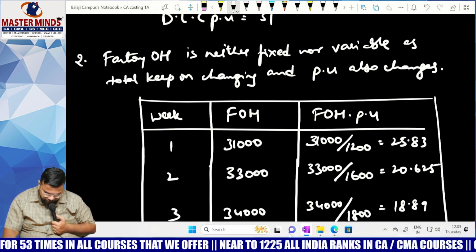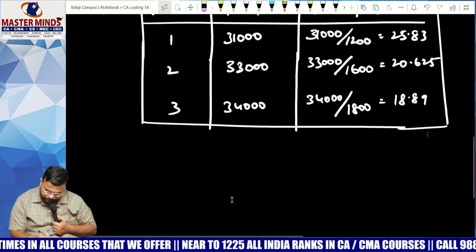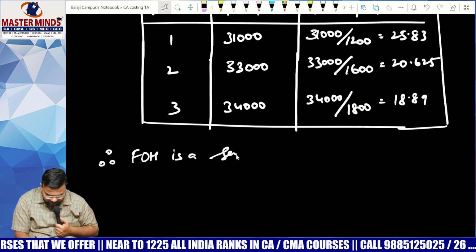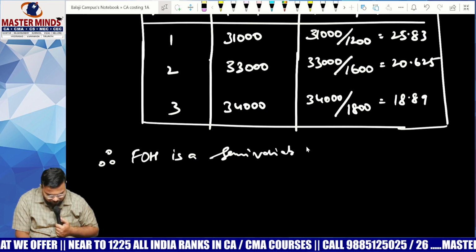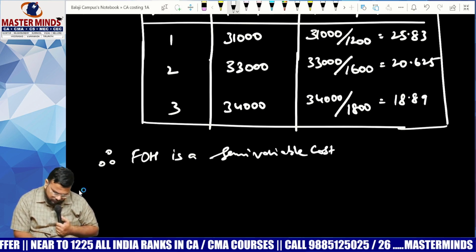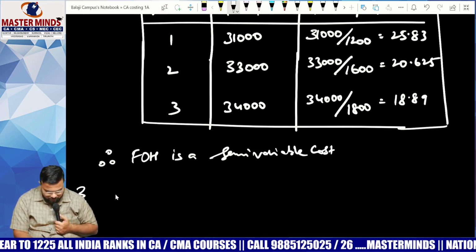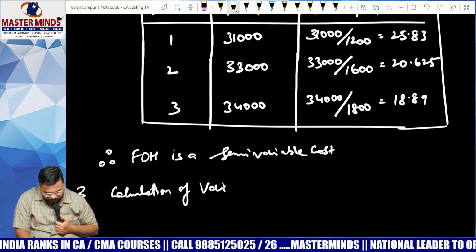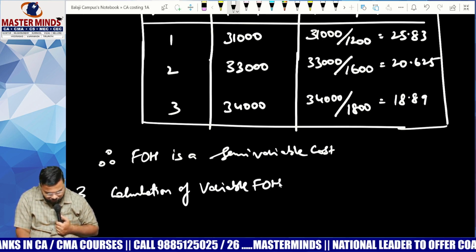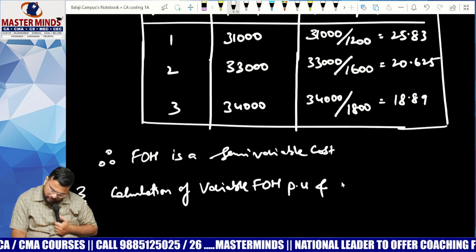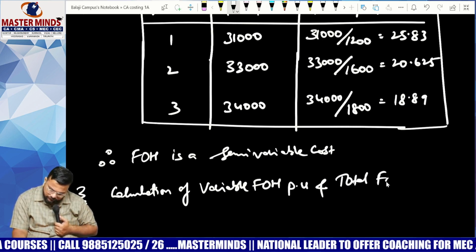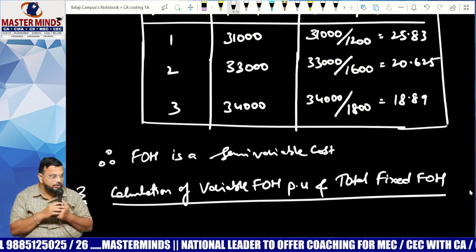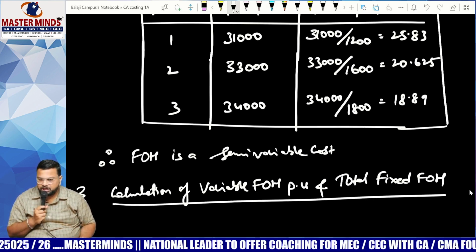So therefore, factory overhead is a semi-variable cost. Working note 3: calculation of variable factory overhead per unit and total fixed factory overhead. You know how to do this calculation. You can take any 2 weeks.